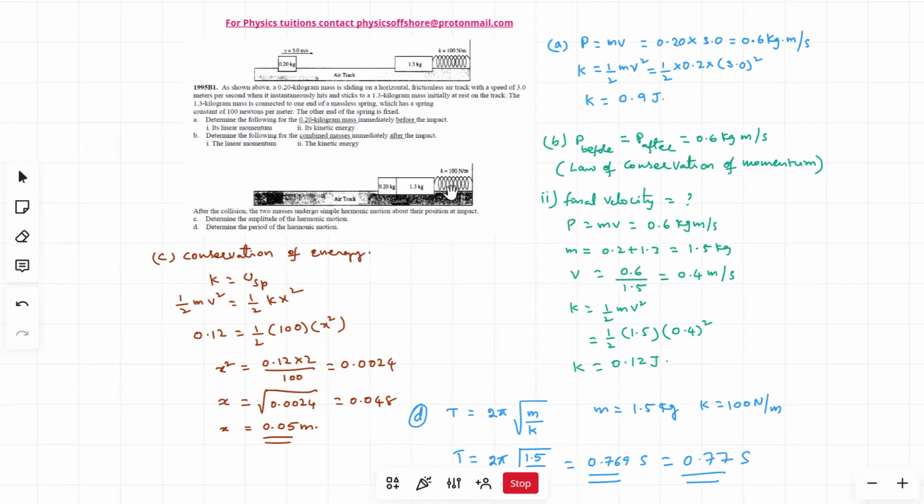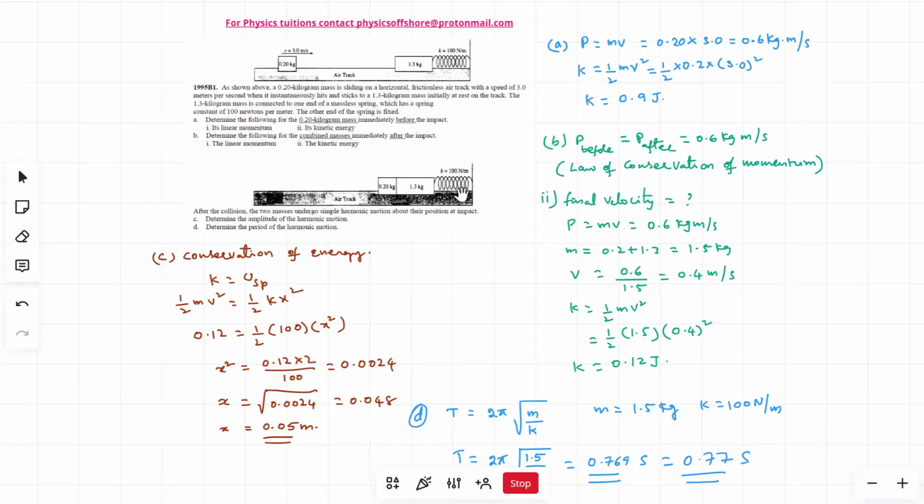Once the first block hits the second block and attaches to it, it pushes the spring, so a compression takes place in the spring.